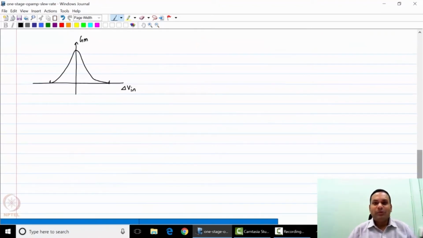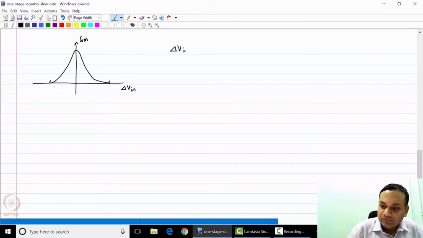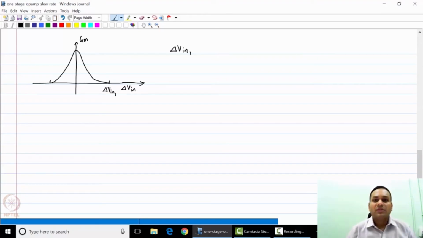It turns out that happens when the gate-source voltage of one transistor falls just exactly to its threshold voltage, and that can easily be calculated now as delta Vin. I'll call that delta Vin1.